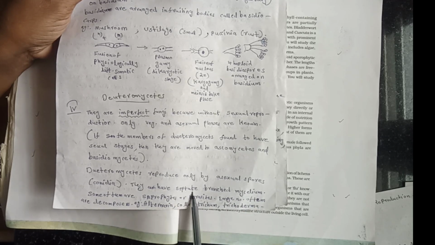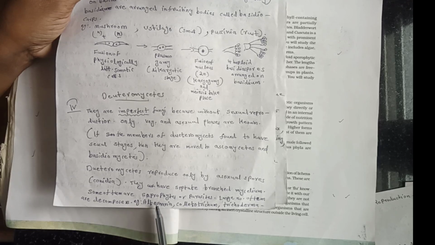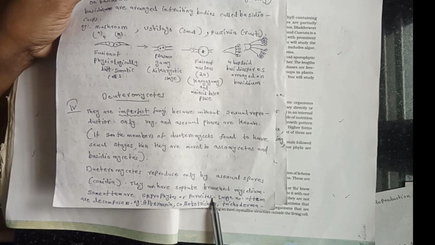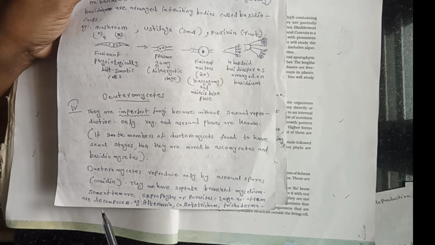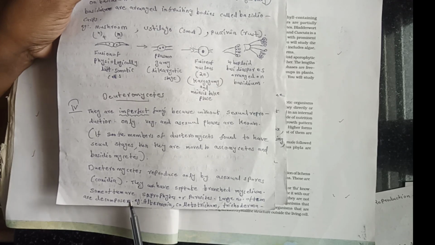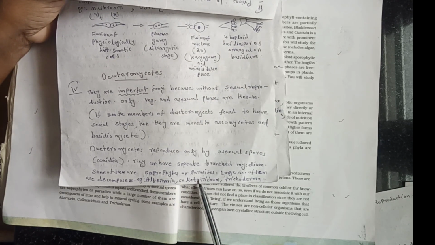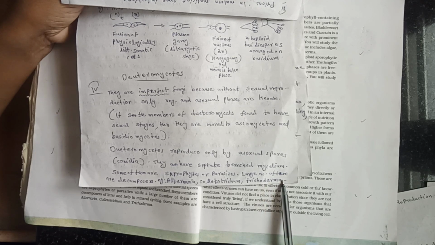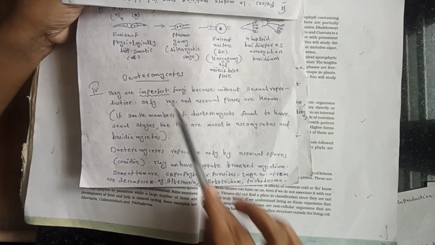We know what septa are. Some of them are saprophytes or parasites. A large number of them are decomposers. They split organic materials. Examples: Alternaria, Colletotrichum and Trichoderma are examples of deuteromycetes.